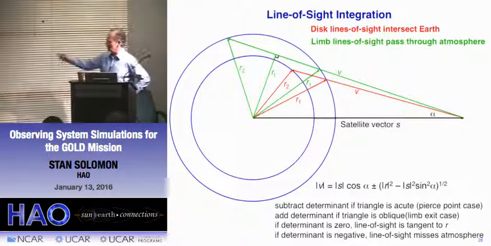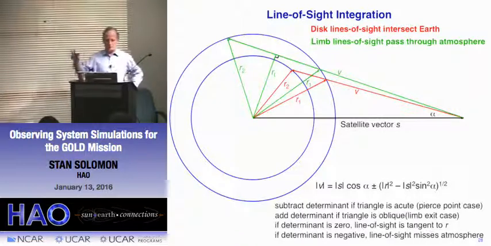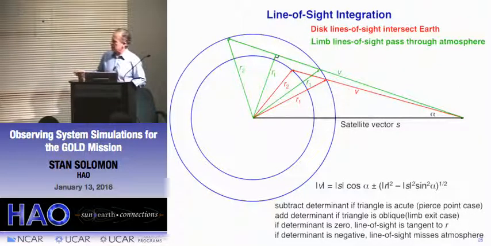So I sort these observations in chi and psi into their determinant categories to decide if it's a limb, disk, or non-observation, and build up a map of all the points in this simulated detector. What I then do is calculate this path through the atmosphere and divide it up into segments.